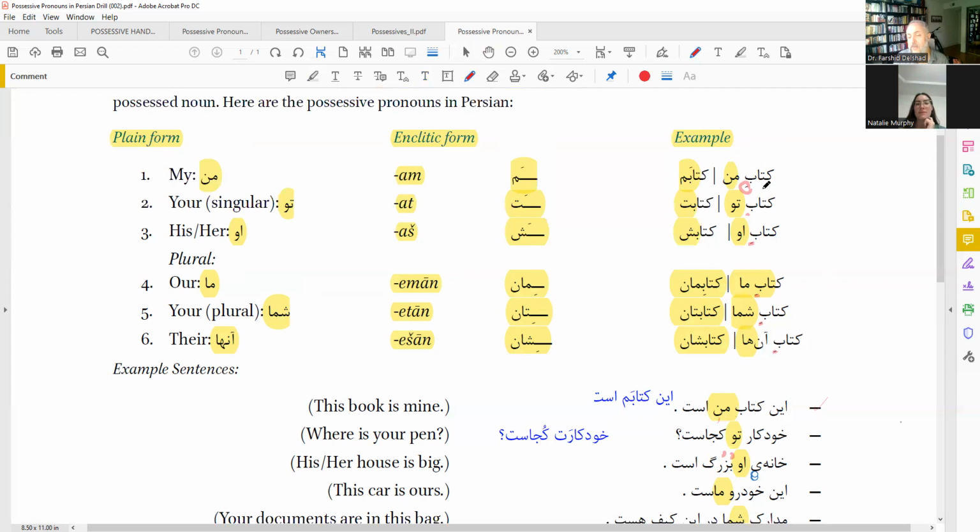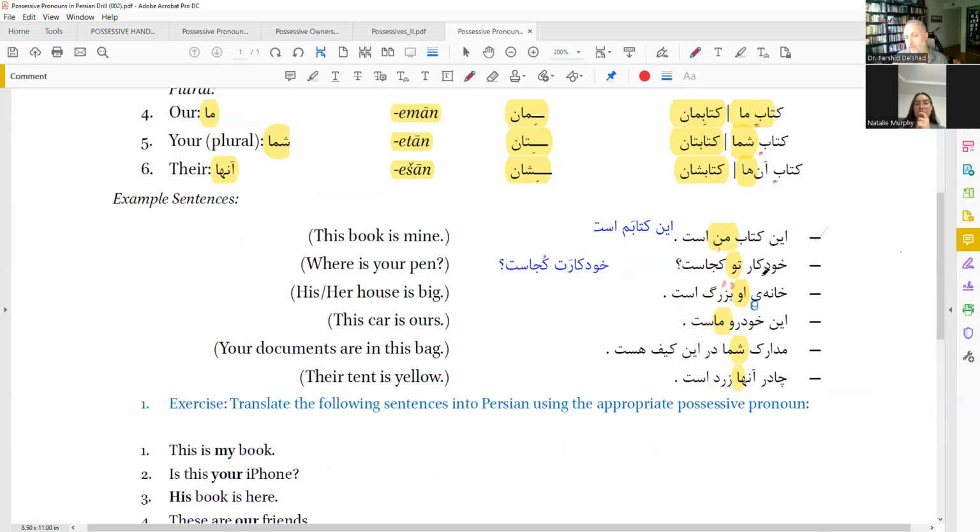But what about if the word does not terminate with a consonant, but with a vowel, as in the case of the word khane?